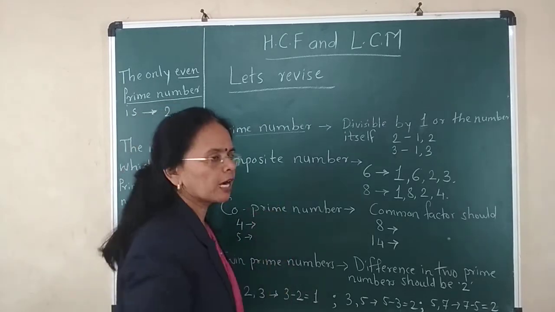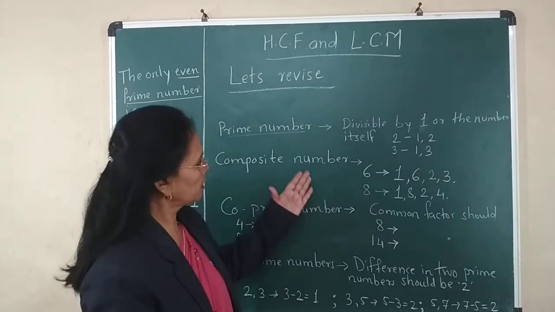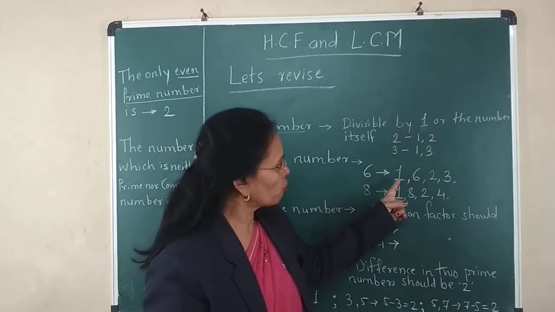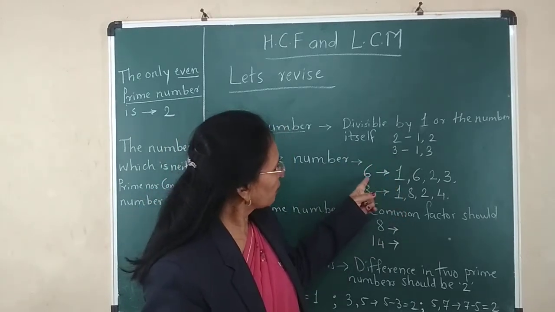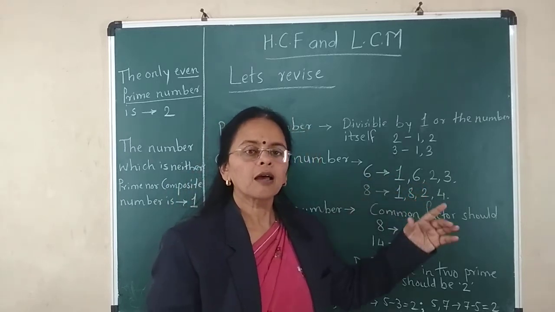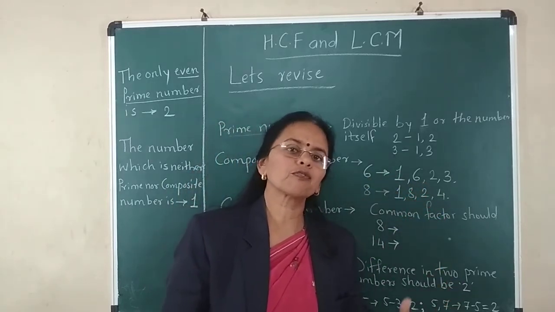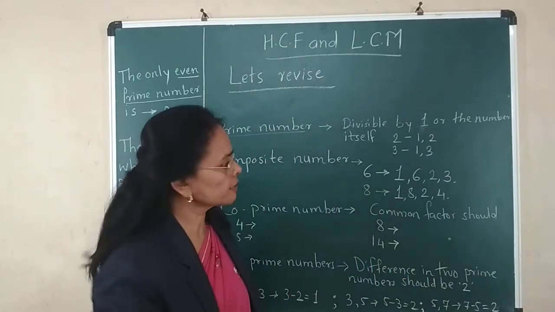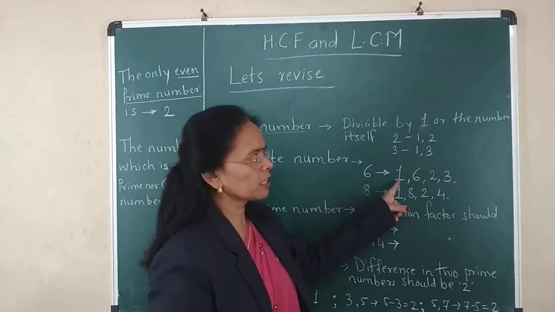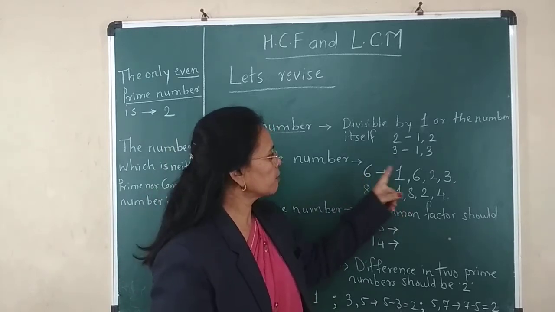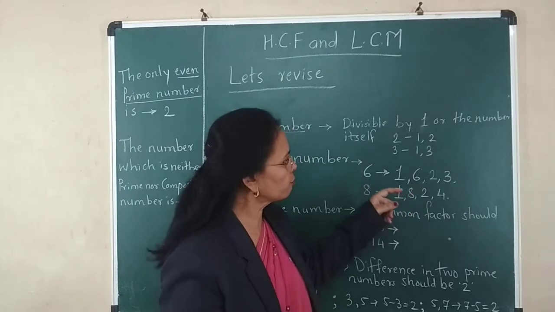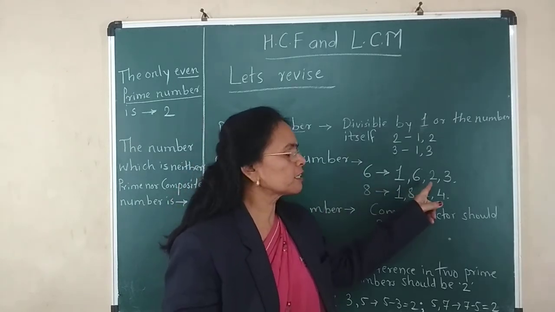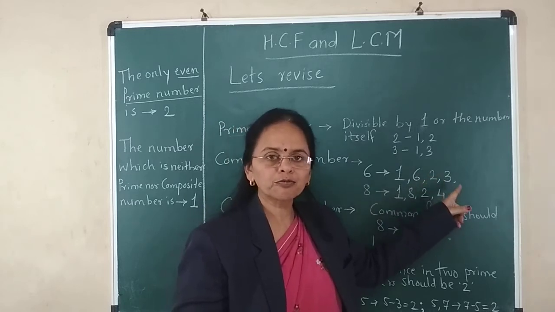Now, what are composite numbers? The numbers which come in the tables of 1, the number itself, plus it also comes in the tables of other numbers. If we take the example of 6, it comes in the tables of 1 and 6, the number itself. But with this, 6 also comes in the tables of 2 and 3.